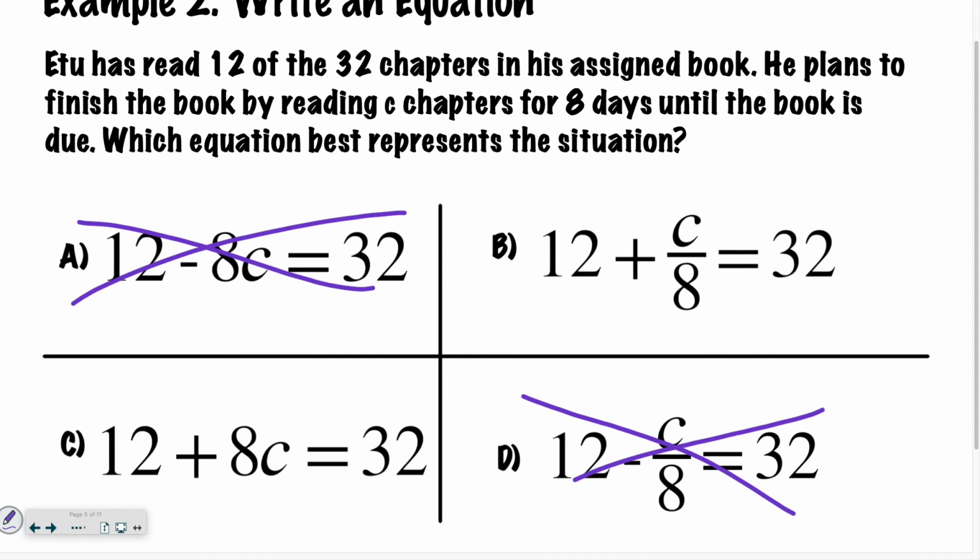So then I want to think, if I look at letter B and letter C, letter B is the number of chapters divided by 8, and letter C is the number of chapters times 8. So if you think about that, if he's reading C chapters for 8 days, you would multiply that answer.